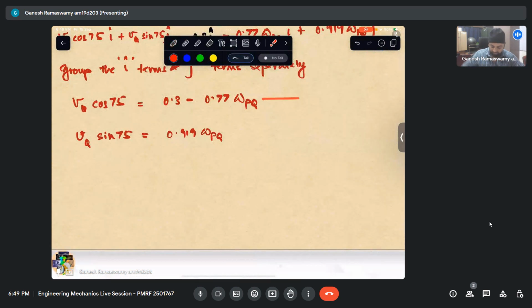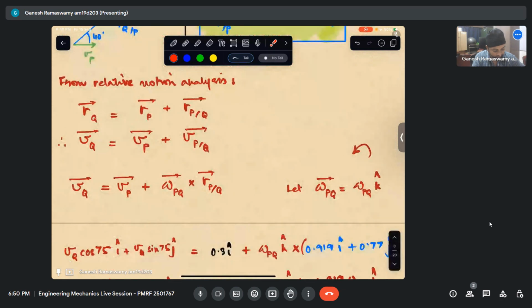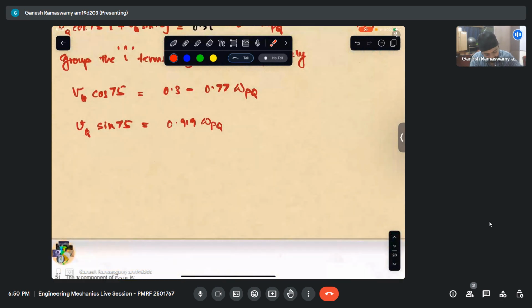The second equation I got by grouping the j terms. Now there are two unknowns. One is the magnitude of V_Q, another is the magnitude of the angular velocity of the link, which we have considered in the positive k cap direction. If that answer comes out negative, it will imply it was minus k cap. So it is two equations, two unknowns. We know how to solve this.